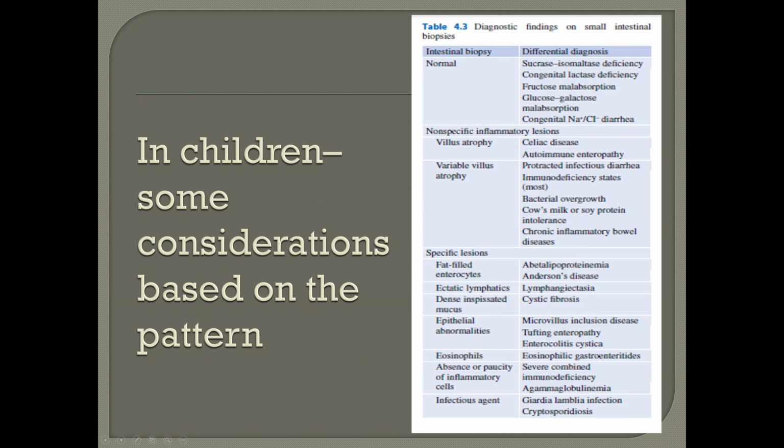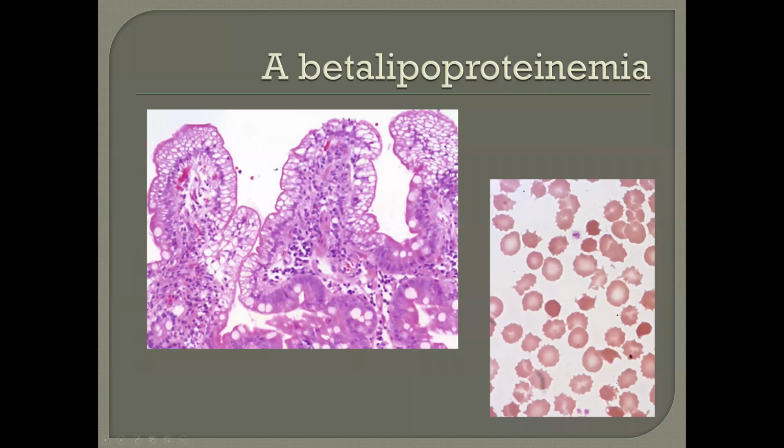So we'll just cruise briefly through some of the high points here. Abetalipoproteinemia has this nice vacuolar change to the epithelium, indicative of some lipid and membrane defect that also corresponds to the peripheral blood smear formations of these echinocytes and maybe a few schistocytes.